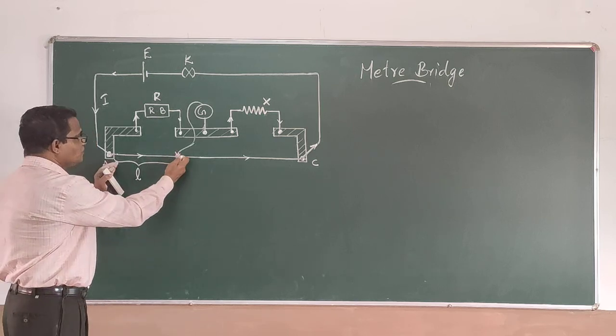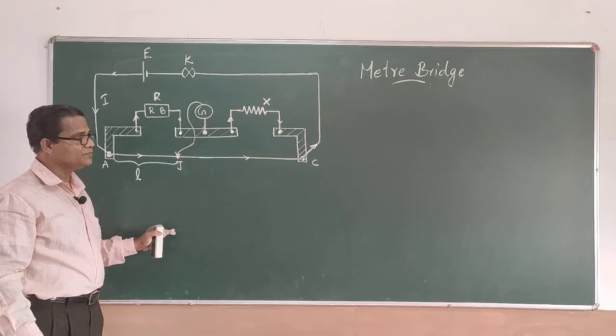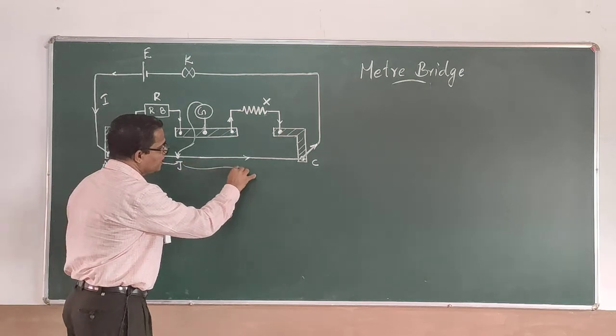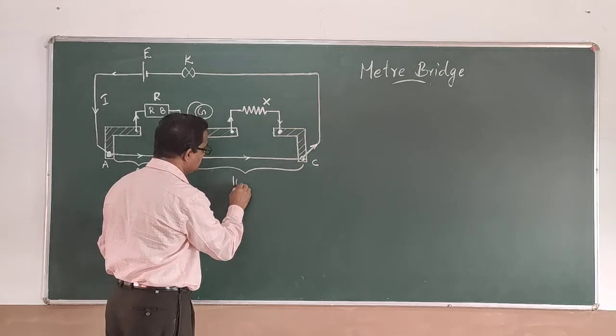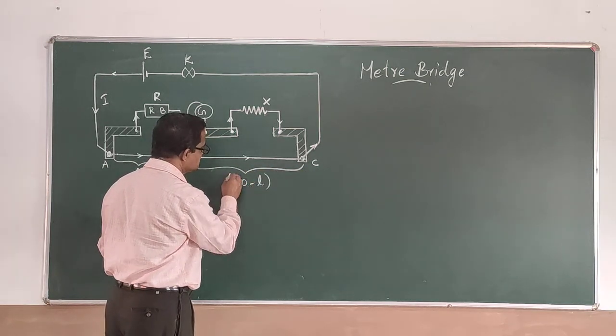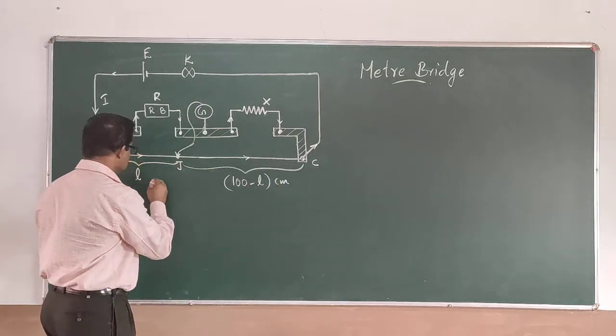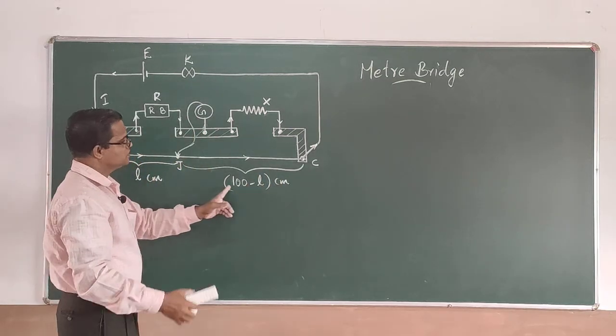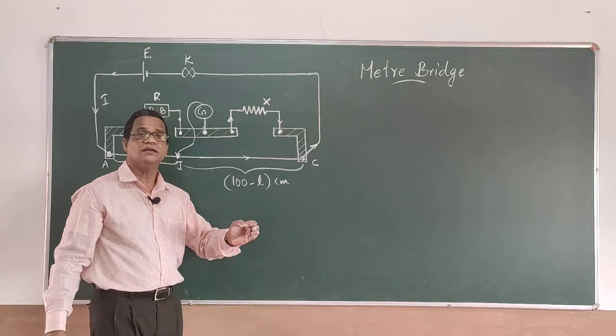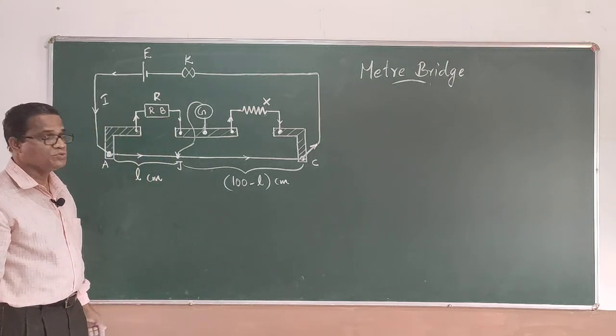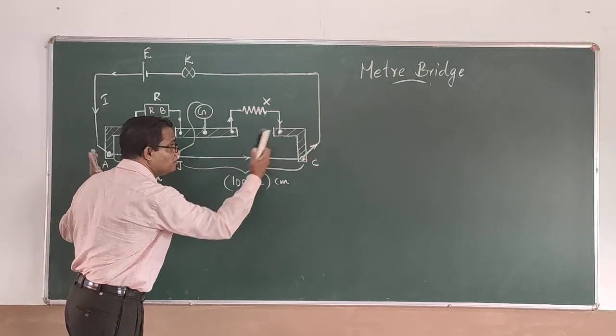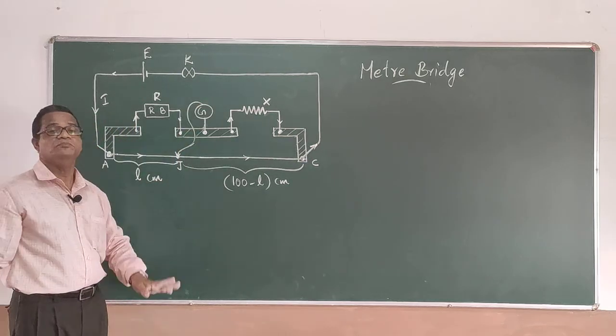So at this length of the wire, the voltage is now balanced. The remaining part of the wire length will be 100 minus L centimeter. This will be exactly 100 minus L centimeter, because the length of the wire is 1 meter, and that is why the name meter bridge.